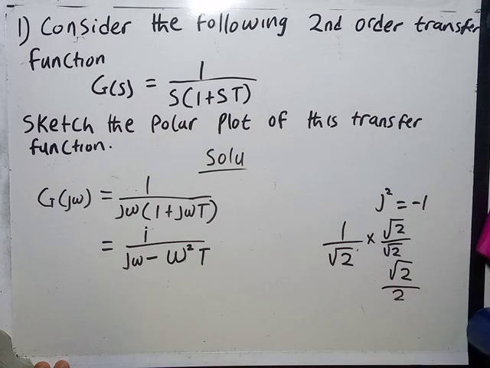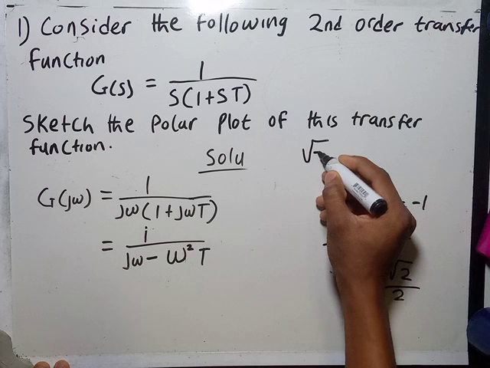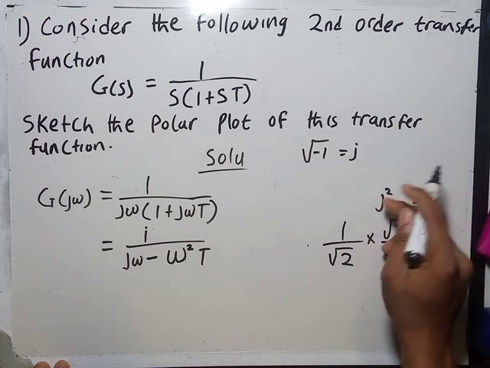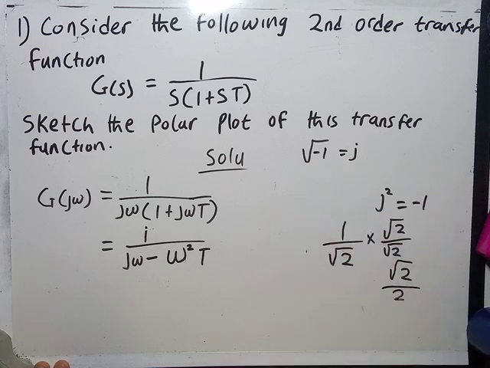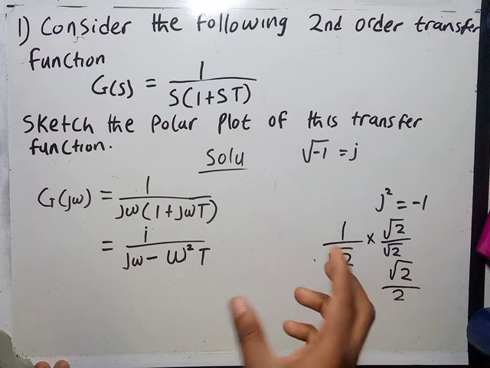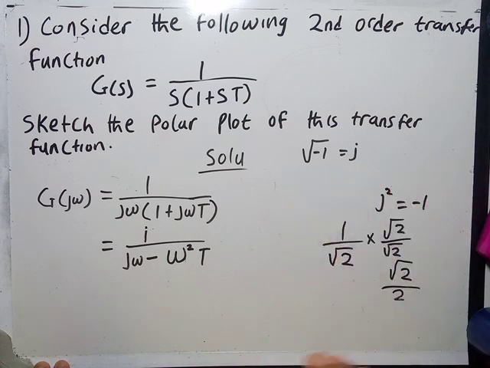Remember, the thin line between surd and your complex number is just, in fact, the square root of minus 1, which is i or j. Whatever you choose to represent it is J.